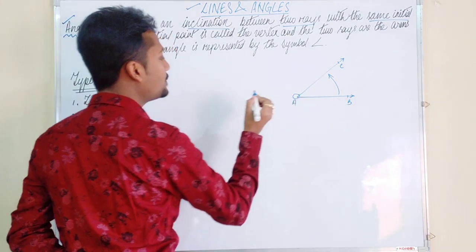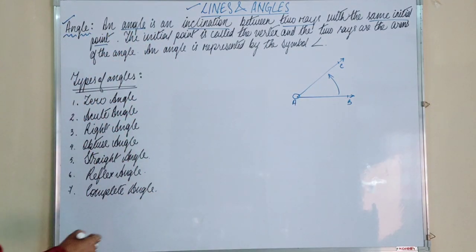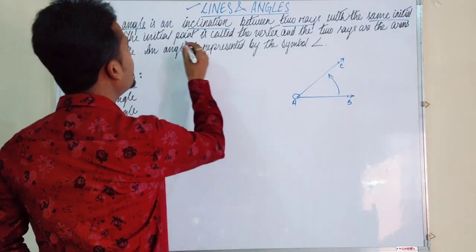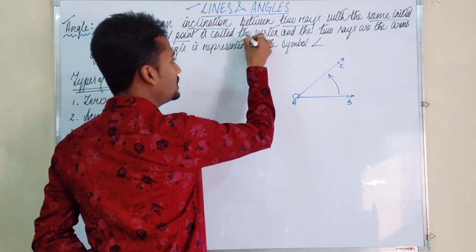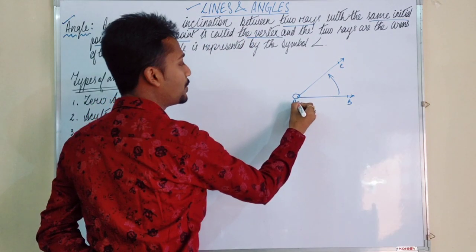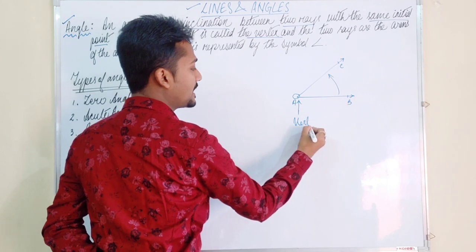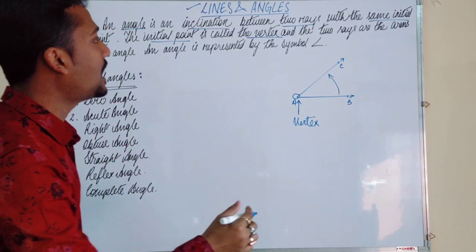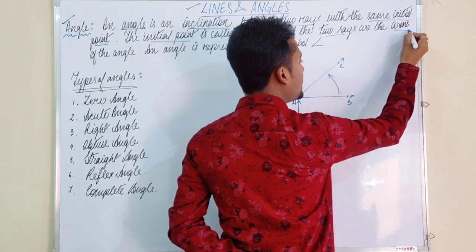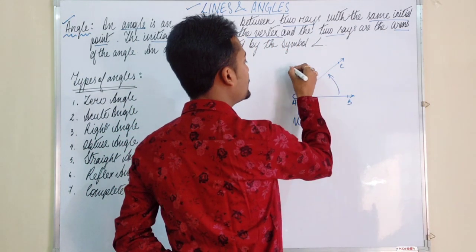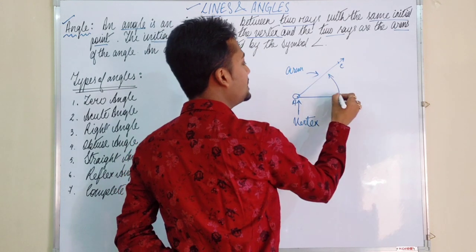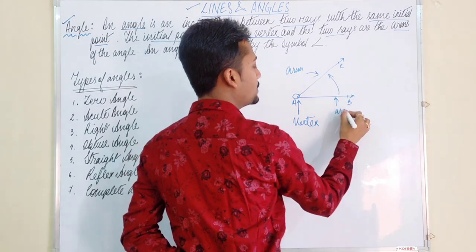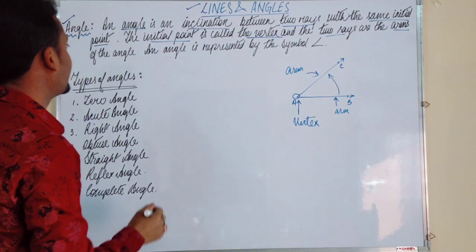Which is the same initial point? It is A. The initial point is called the vertex. And the two rays are the arms. This is one arm and this is another arm of the angle.